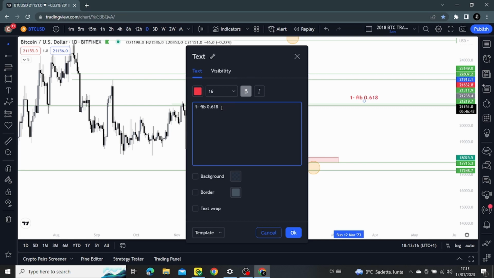Second point of interest of confluence, we have imbalance. Third point of interest, we have the lower side of the range, lower part of the range.